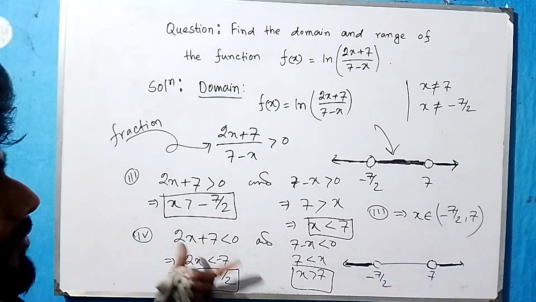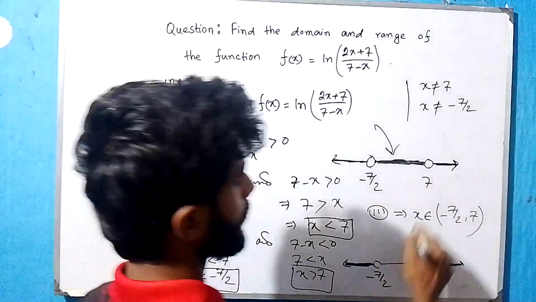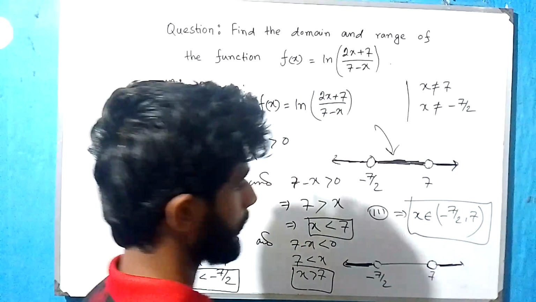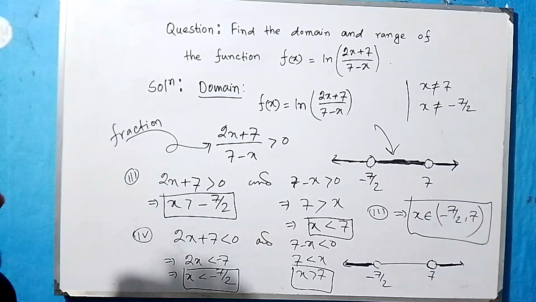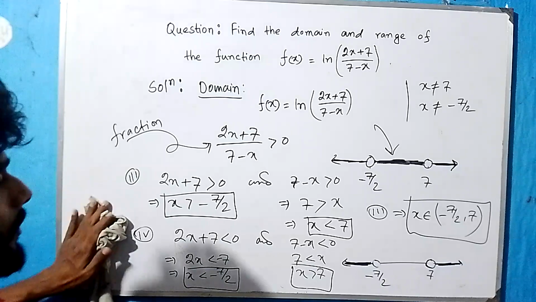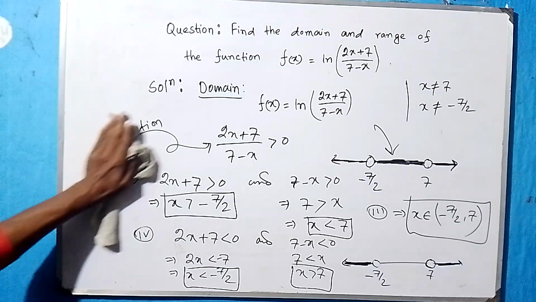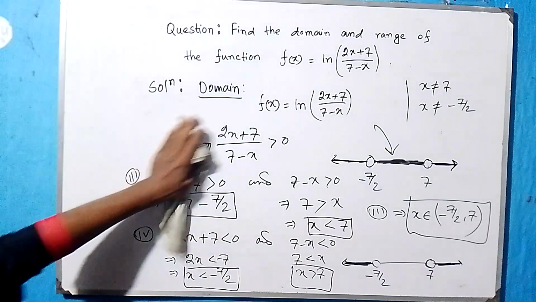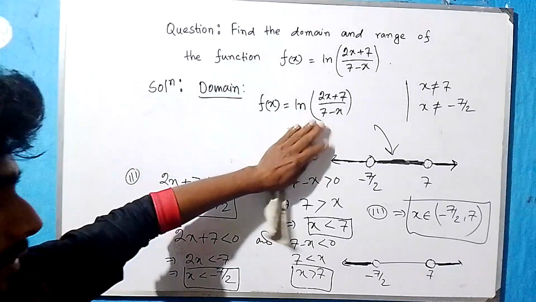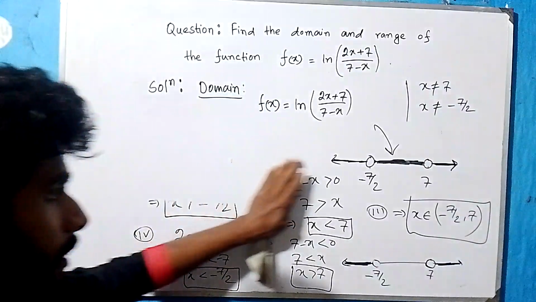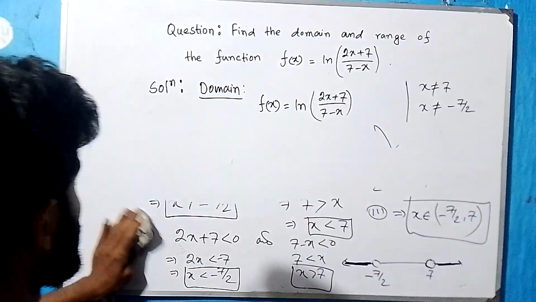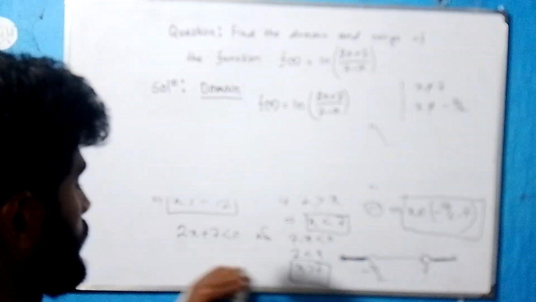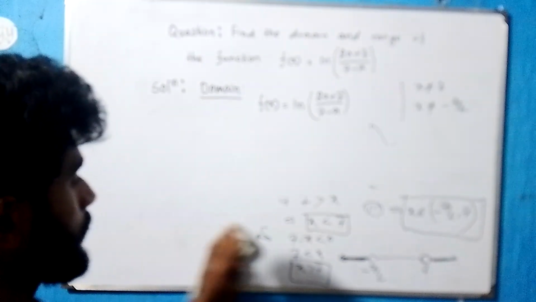Okay, so domain will be this. I think you have understood. Now let me erase this first and then I will move to the next part, that is to find the range of this function.